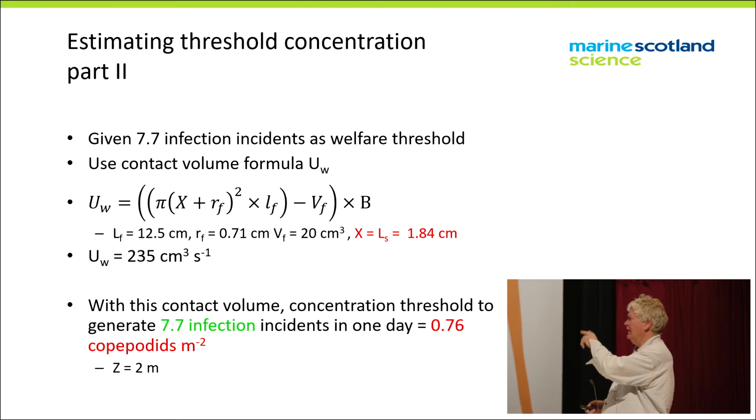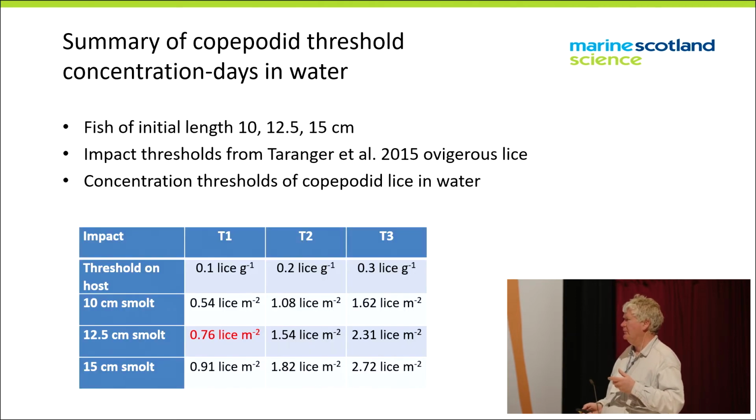contact formula and putting in 1.84 and the specific sizes of the smolt, we can calculate the specific volume over which lice contact the smolt per second. Using this, the 7.7 infection incidence implies a 0.76 copepodid per meter squared concentration for our typical smolt to avoid the lower level of impact.